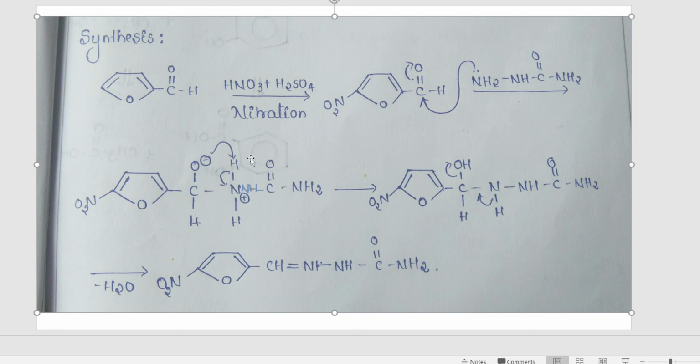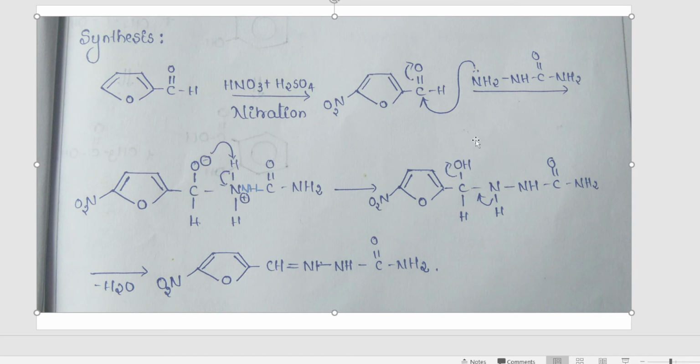Now, since nitrogen has a plus charge, what will it do? It has a bond with hydrogen, so it will take both the electrons of that bond in order to remove the plus charge on itself. At that time H goes out as H plus. That H plus is taken up by this oxygen because it has a minus charge.